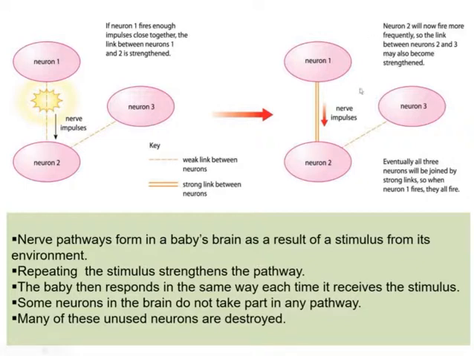And given enough time, the stimulation of neuron 1 will lead to the stimulation of neuron 2 and 3, and this will be a fixed new pathway, which may be the basis of a new skill that the baby has learnt.